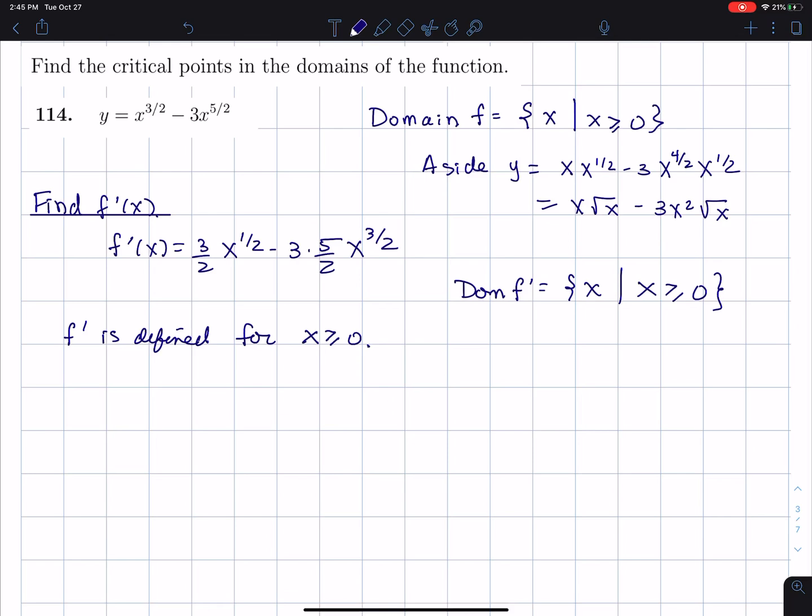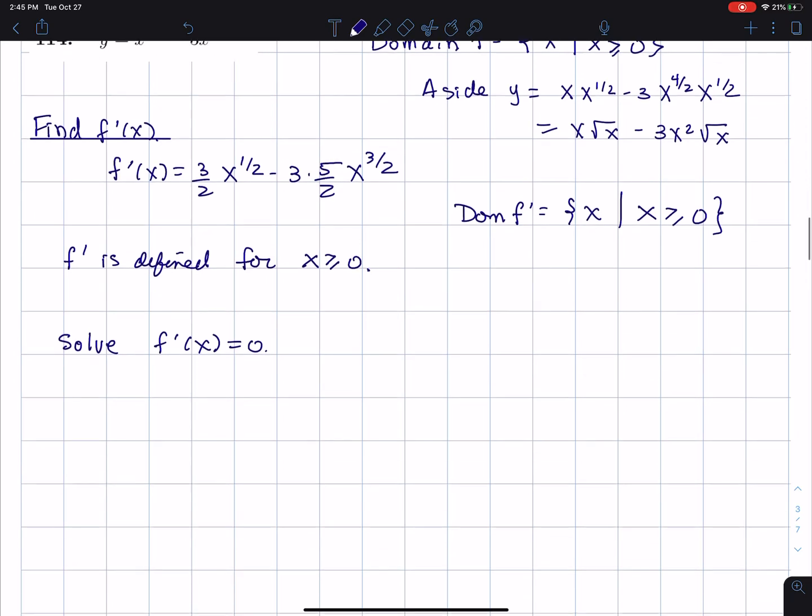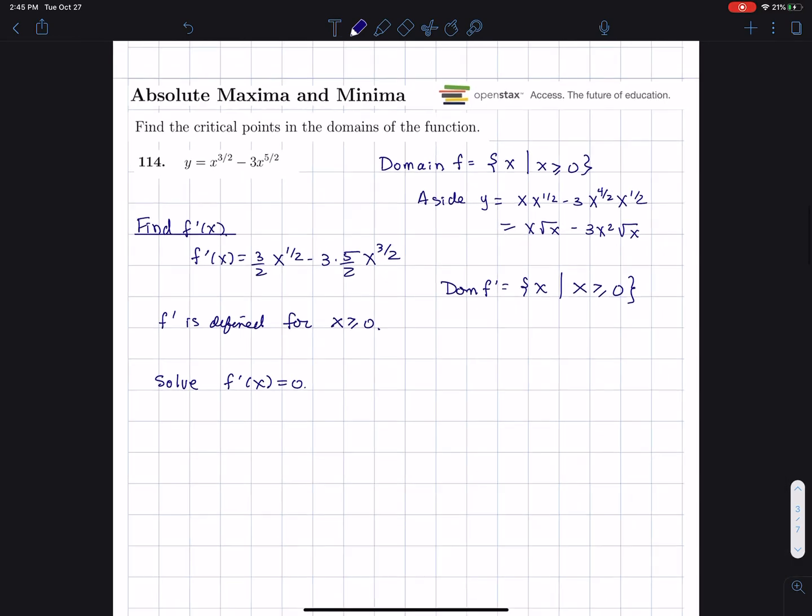Like I said, f prime of -1 is undefined, but -1 is not in the domain of the original function. Okay, so what we're going to do is solve f prime of x equal to 0. It could be that actually there's no solution to that.